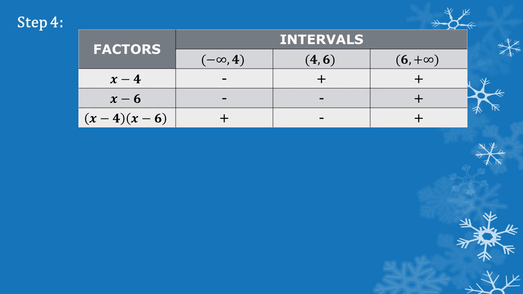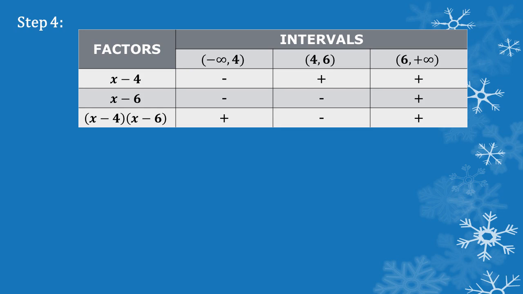In negative infinity and 4, if we use 3 to be substituted in x minus 4, we'll have negative. While if we use it in x minus 6, we'll have negative. In the next interval, which is 4 and 6, if we use 5 as the test point in x minus 4, we'll have the result positive.